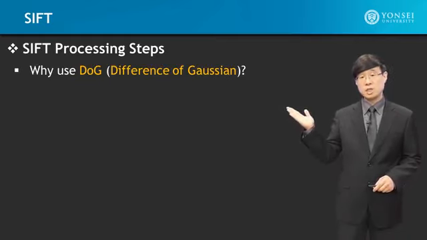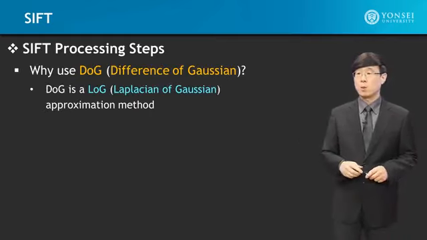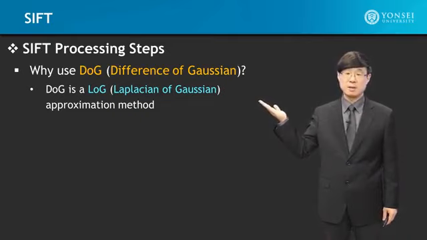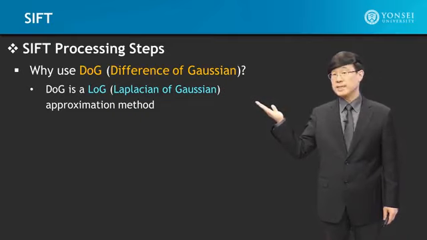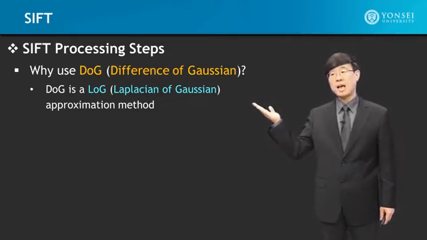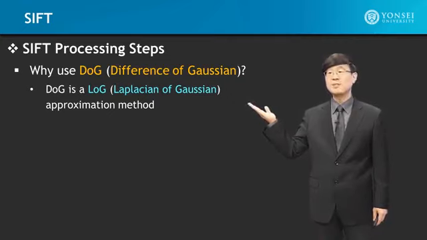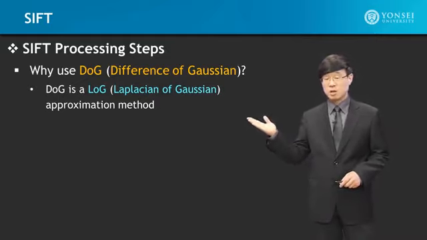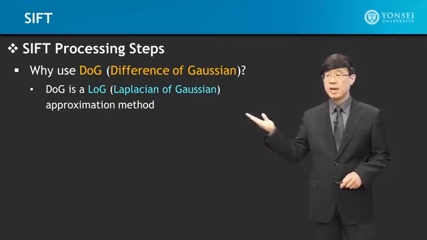Why use DOG? What is this doing? Well, a DOG is a LOG, Laplacian of Gaussian, approximation method. What we're really saying is that we would want to use a Laplacian of Gaussian, but instead we're using a simpler, less computation-burdening DOG technique. A Laplacian of Gaussian? Why do you want to use a Laplacian?